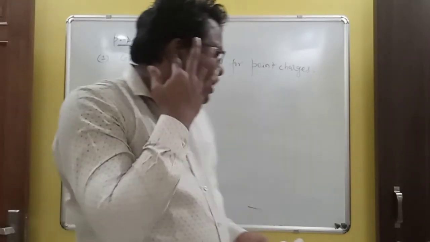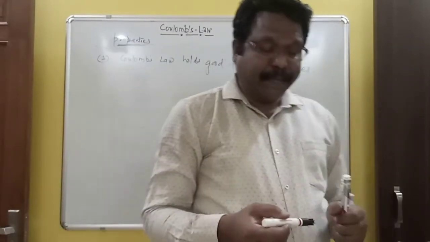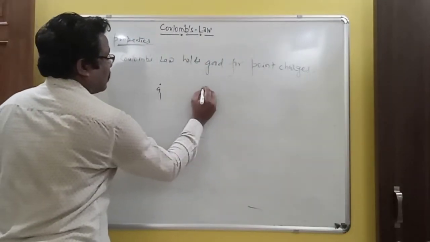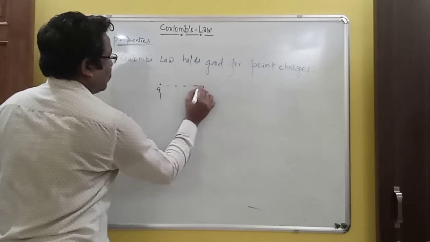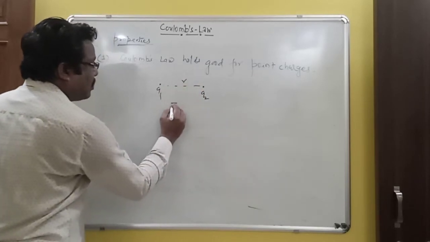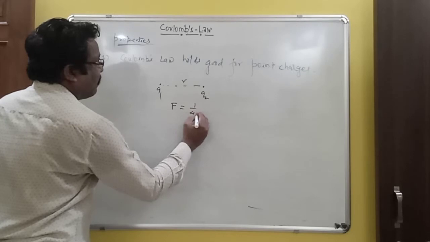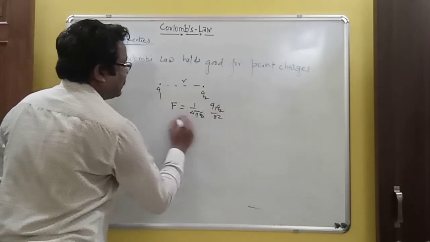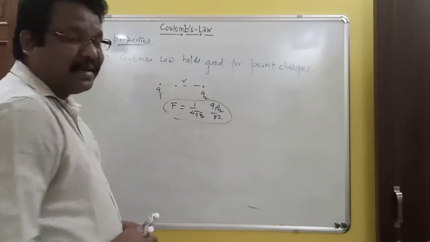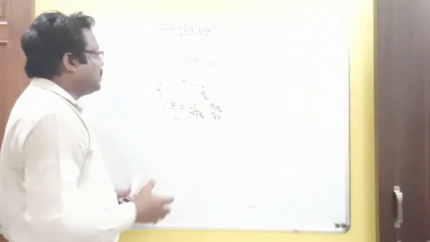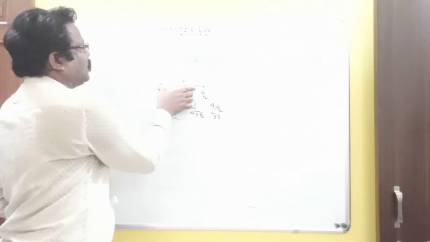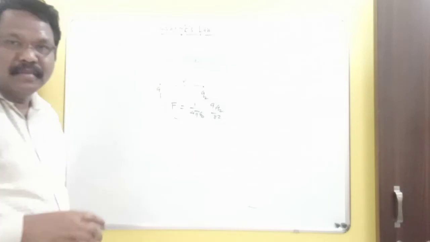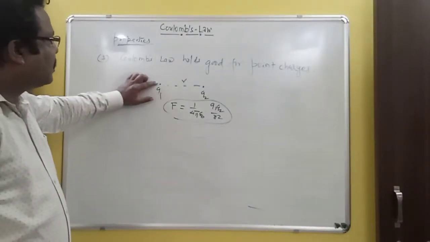Now it's very clear that when you take the point charges at certain distance r, then the force of interaction is 1 upon 4 pi epsilon naught Q1 Q2 by R square. Exactly. So when we say point charges, the distance should be very much larger than the size of the charge. Okay, then you can take the charges as point charges.